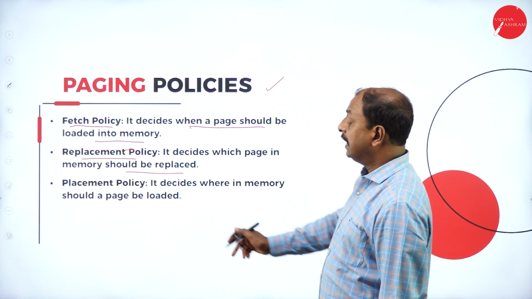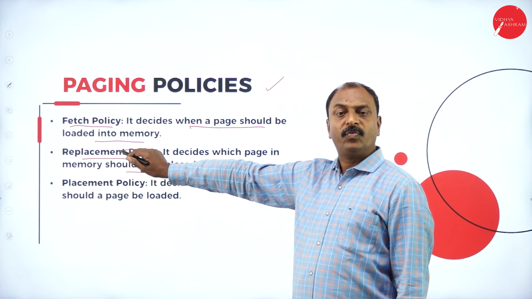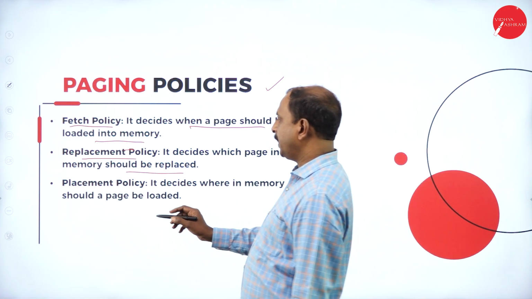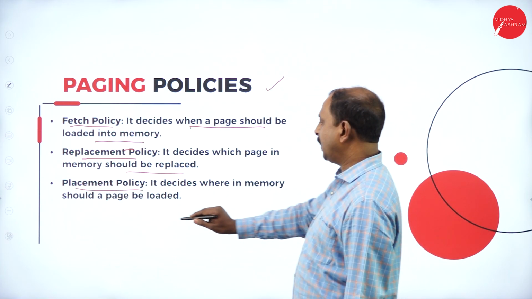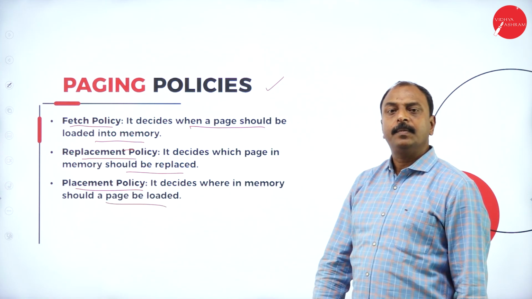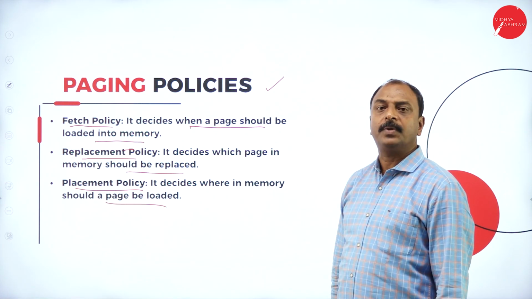That is called replacement, and it has to be done by following a replacement algorithm. The next concept is placement policy. It decides where in memory a page should be loaded. These are the different policies to be followed with respect to paging.